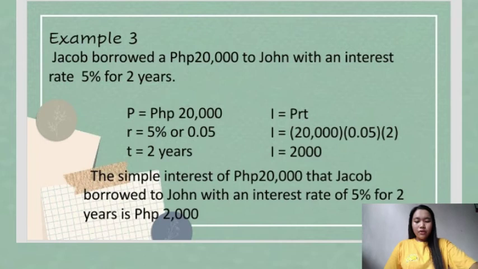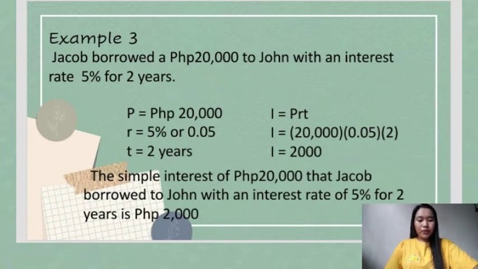320 pesos. For example number 3, Jacob borrowed 20,000 pesos to John with an interest rate of 5% for 2 years. Like the first two, we need to analyze the problem, and for this problem, we need to calculate the simple interest. Then transform the interest rate to decimal, so the decimal of 5% is 0.05. Then substitute in our formula.